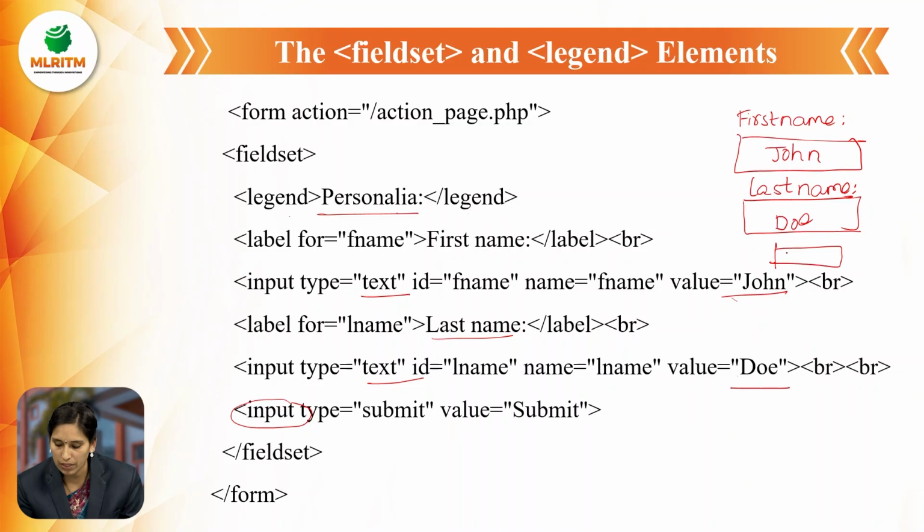Then here the submit button. Whenever you click on the submit button, the data is grouped by this fieldset element. First name and last name are grouped in that one and can be stored in one place.